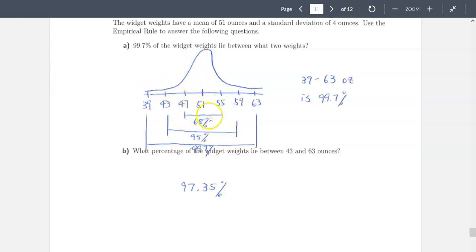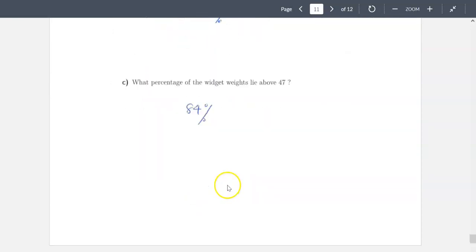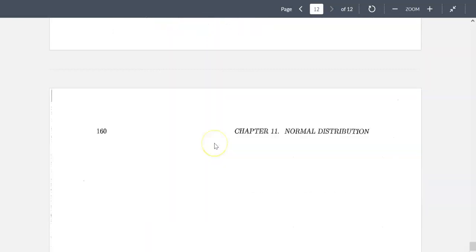For example, if this is 68, from 47 to 55, and you divide it by half, then it'll be 34 each. With the same logic, there are different values for each piece. If you look that up, you can easily calculate how much, then just add up all the areas on the different panels. Your textbook has the detailed table that cuts up the 68, 95, 99.7. Same thing for this one.